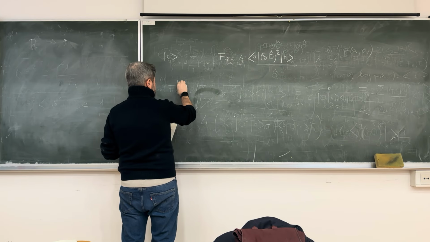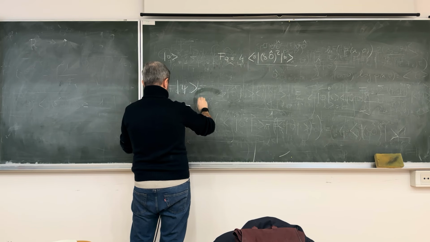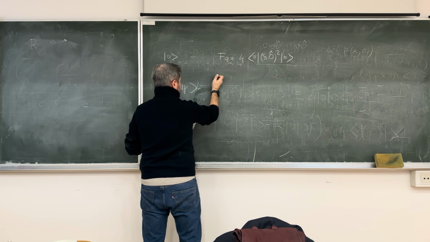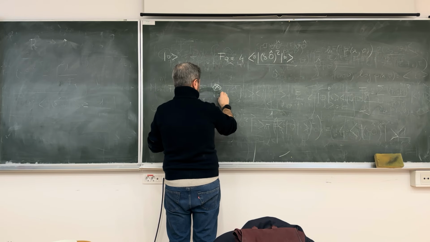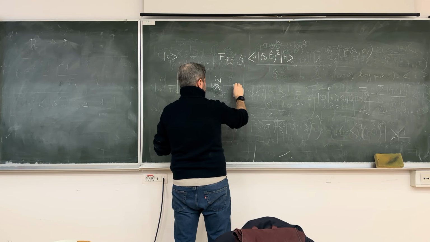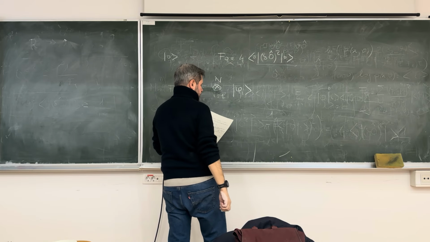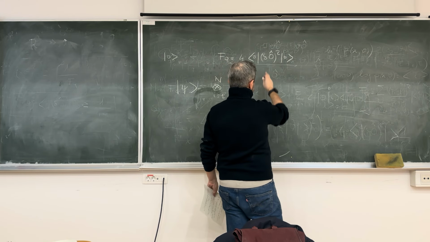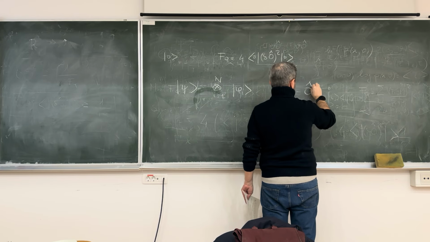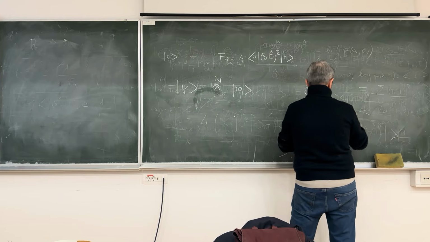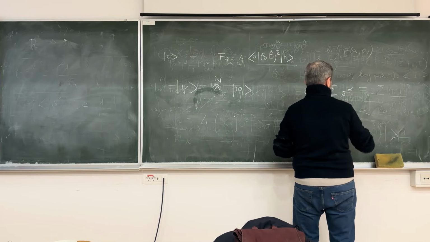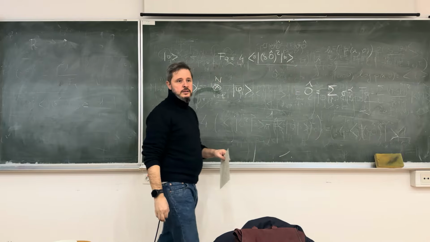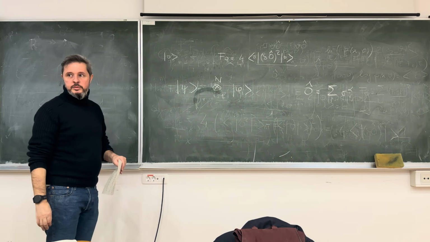So my state psi is going to be a product over i from 1 to n of phi_i. And I decide that my observable O is a local observable, for example, the sum over i of sigma^alpha_i. Right? Sum of local observables.